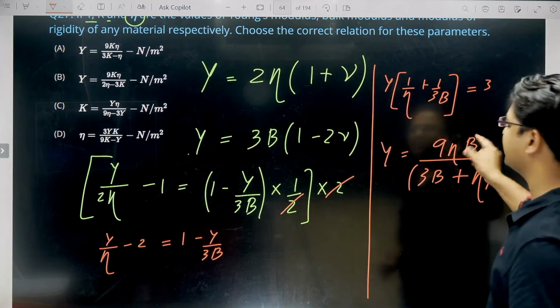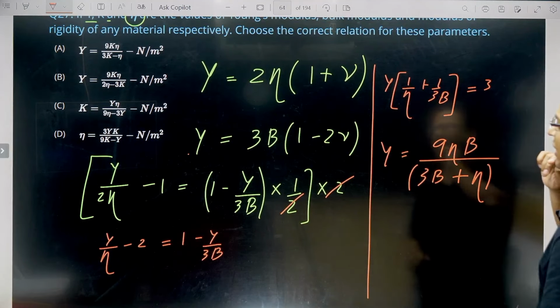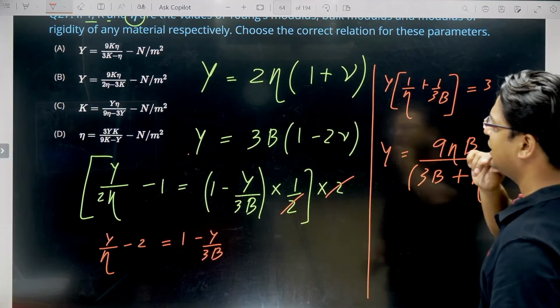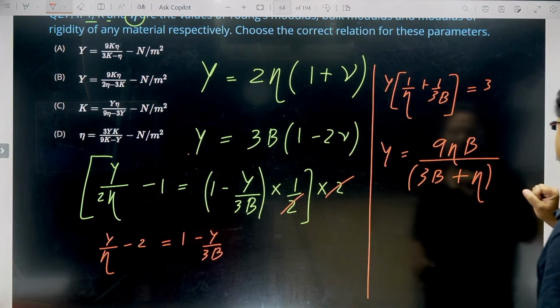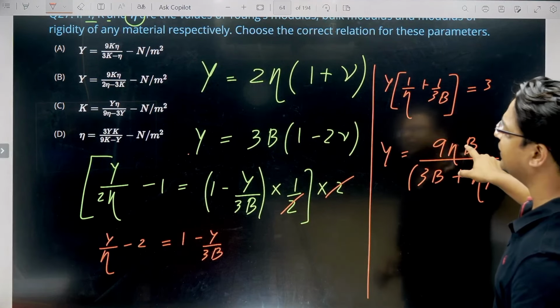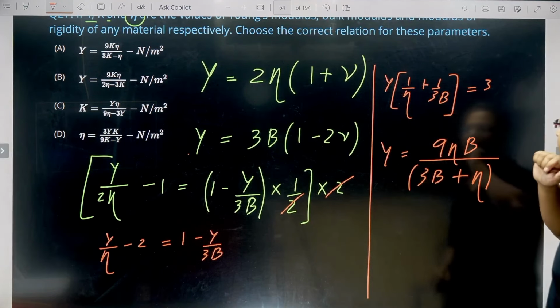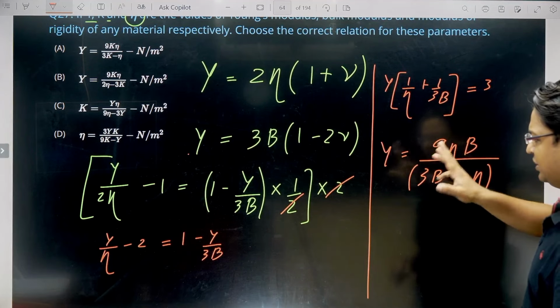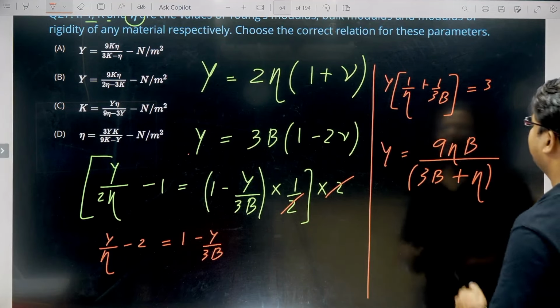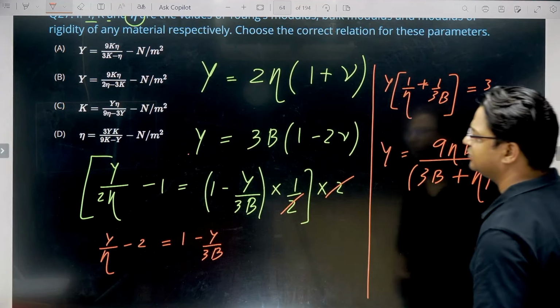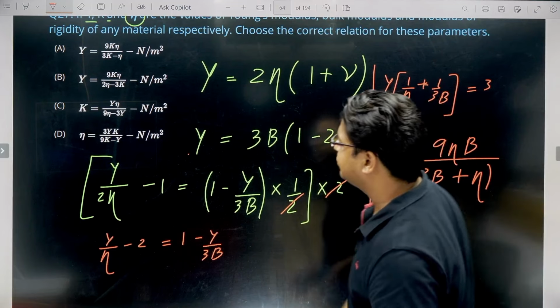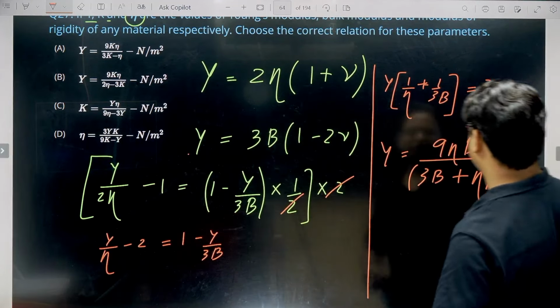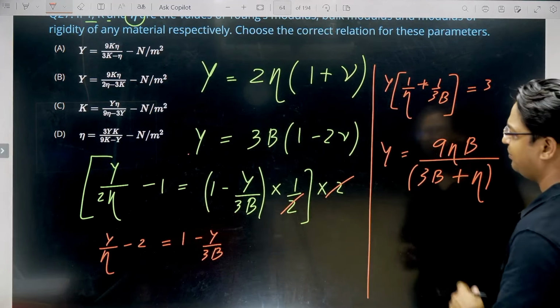Here B represents K, so 9 KB. A and B don't look correct, because here we are getting 9 eta B in the numerator, but in the denominator we are getting a plus sign. Am I right? Yes, we are getting a plus sign, so A and B don't seem to be the option. Now we can try C or D. For C or D, I need to keep B on the left hand side.